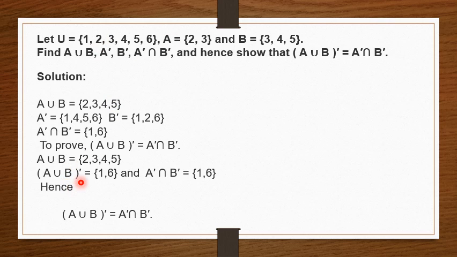So A union B complement consists of the numbers 1, 6. We calculated A complement intersection B complement and we got the set consisting of 1, 6. Are these two sets the same? Yes. So A union B complement equals A complement intersection B complement.